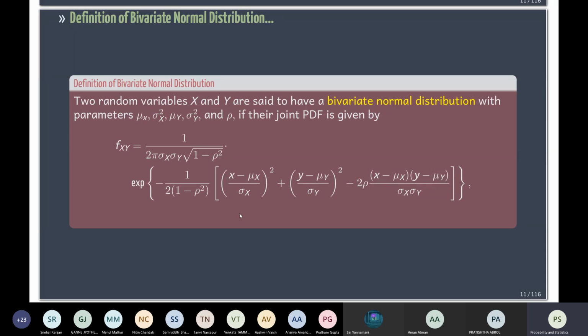Okay, so this is how the joint PDF of a bivariate normal distribution is defined to be like this.